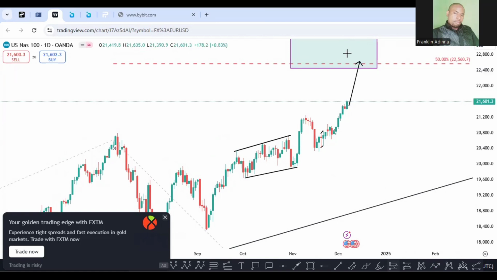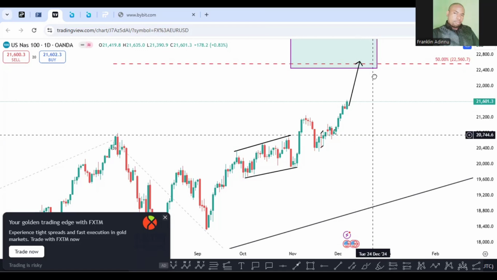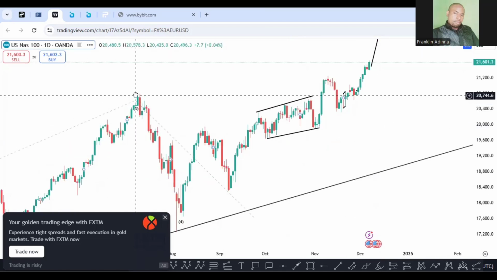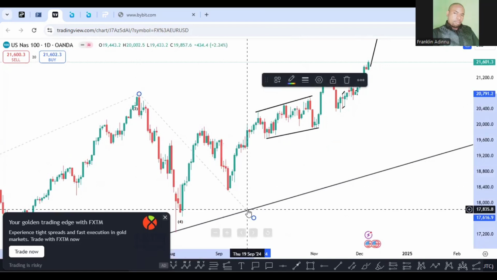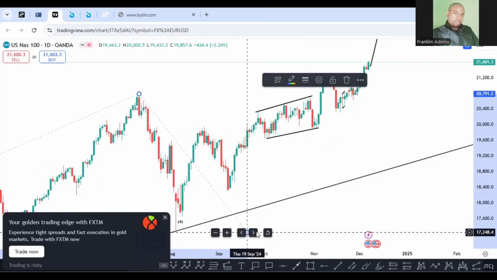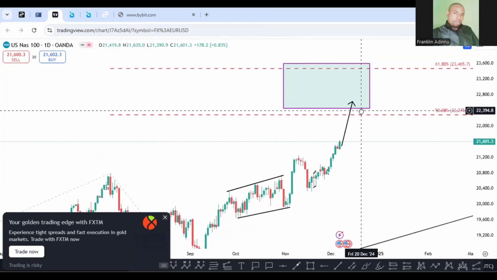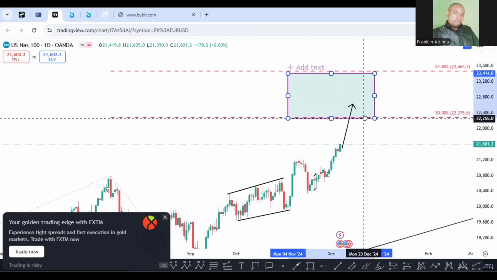So once you see any little correction, a buy, any correction, a buy till it gets to there. When you get there, you have to see another bigger correction. So here is where we're talking about inside this box.